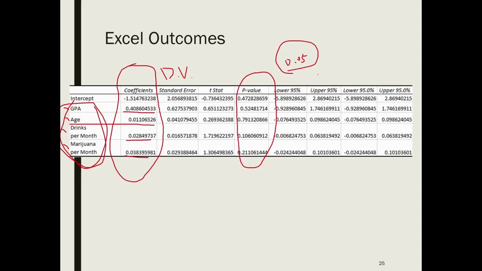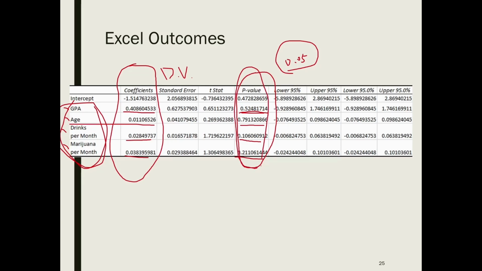So you can see the coefficients of GPA, age, drinks, and marijuana here. The p-value of GPA is 0.5, which is bigger than 0.05. The age is almost 0.80, which is bigger than 0.05. The drinks per month is 0.10, which is bigger than 0.05. The marijuana use is 0.21, which is bigger than 0.05.